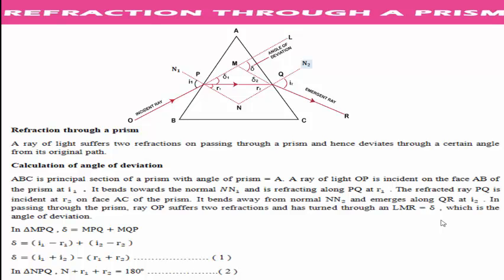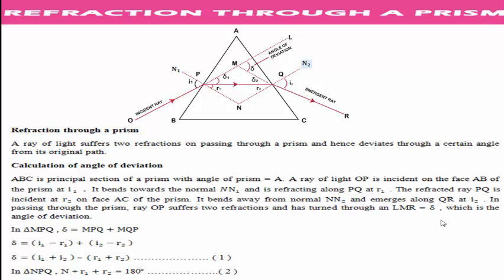It bends towards the normal N1 and is refracted along PQ at R1. The refracted ray PQ is incident at the angle R2 on face AC of the prism.